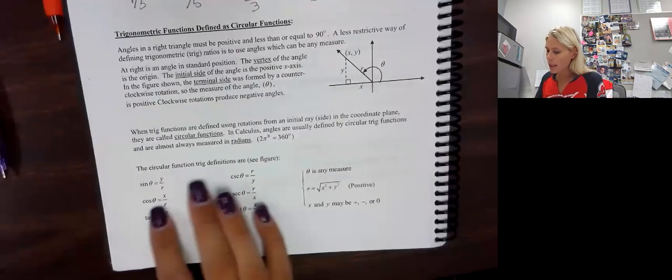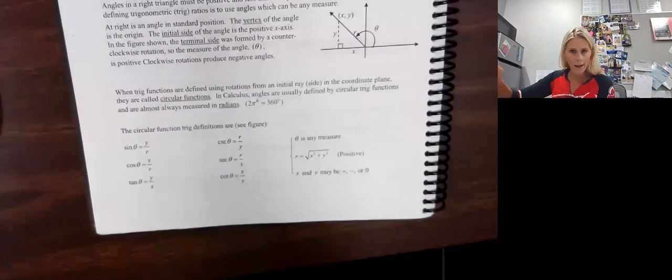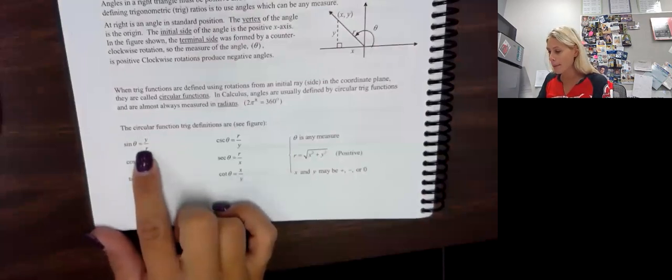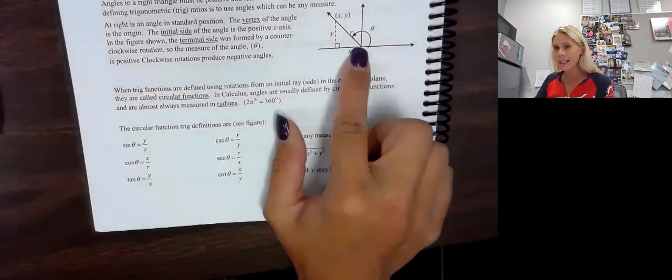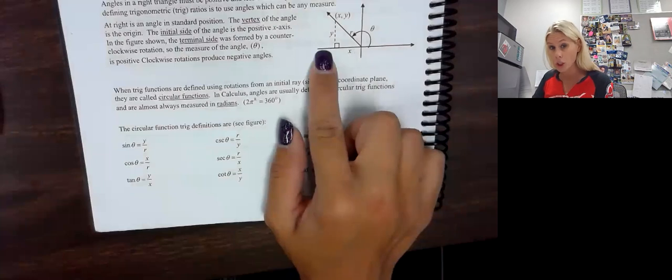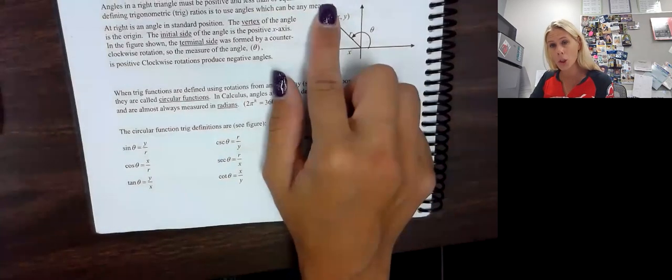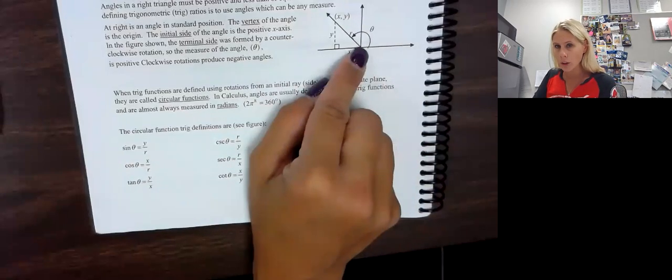So when you guys think of this, remember that we have radians, we have circular, okay? So instead of sine as opposite over hypotenuse, you got to think of it in this form. You have your x value, which is your cosine, your y value, which is your sine, and your radius of your circle.